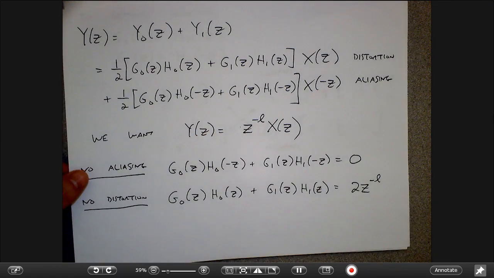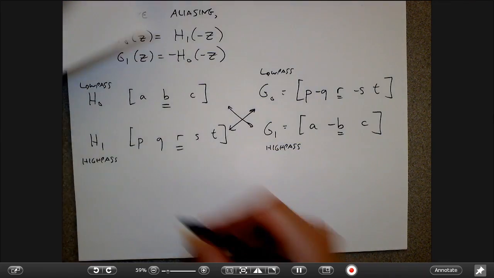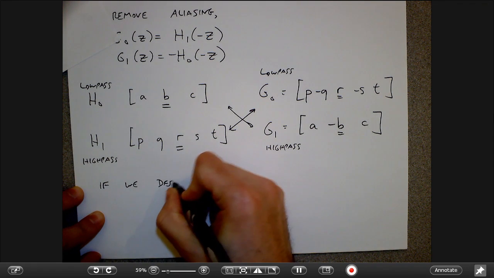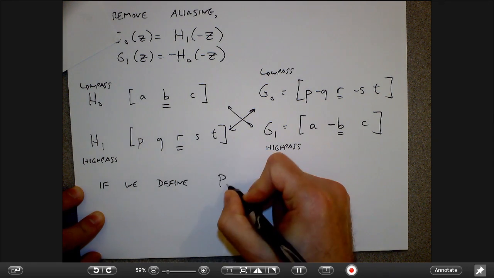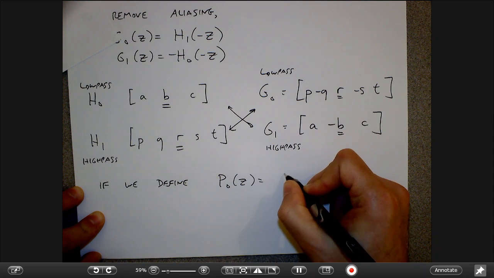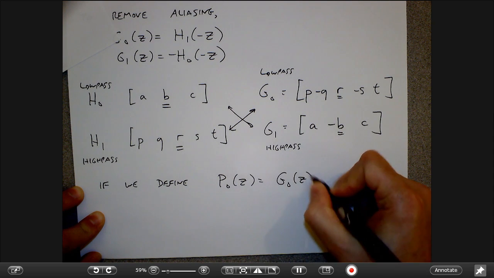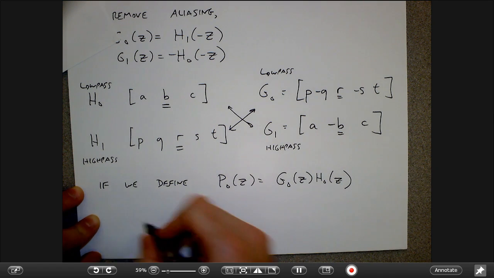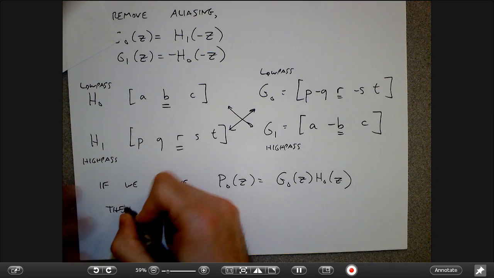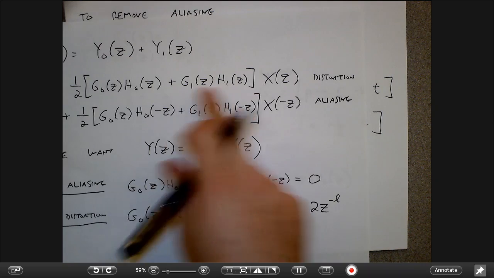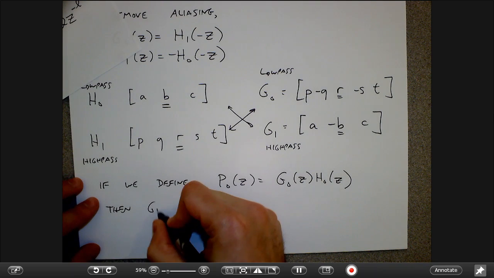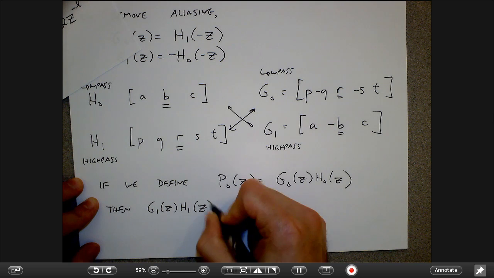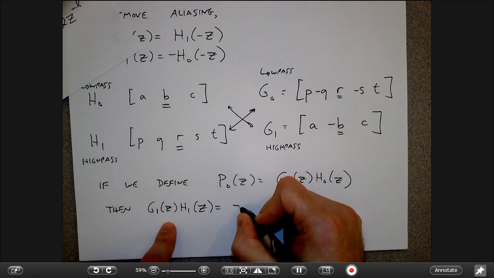So I can say, okay, if I define P0 of Z, which is the product of these things, then this other thing up here, G1 of Z, H1 of Z, becomes, I can plug in what I just said.